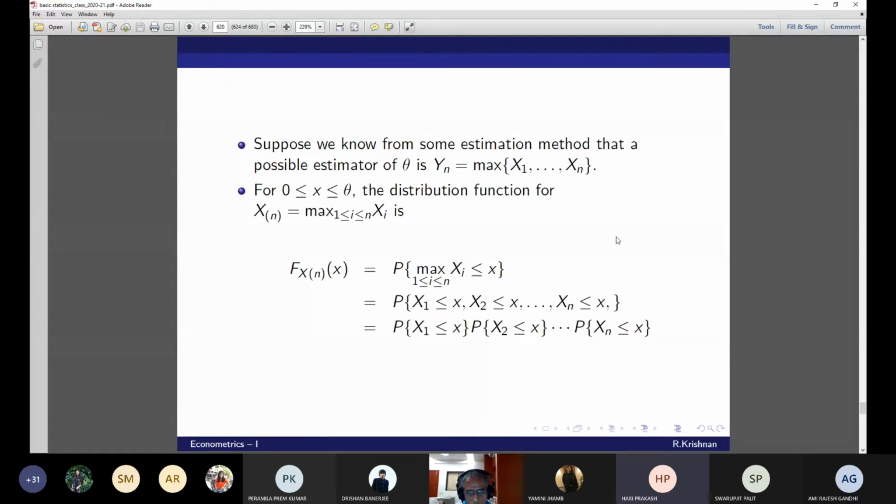What is a possible estimator for theta from maximum likelihood? Theta hat is simply the maximum in your sample. That's it. Now instead of theta hat, I used Yn. That's it.